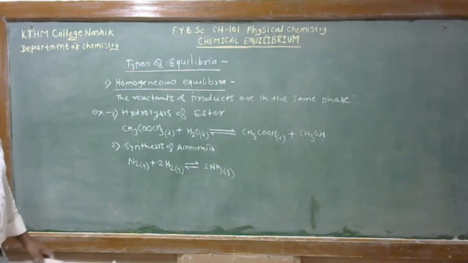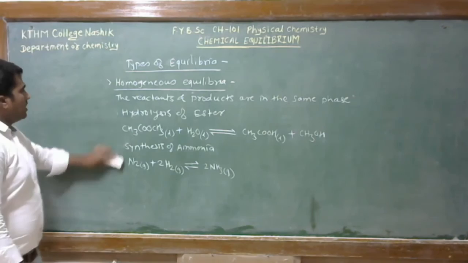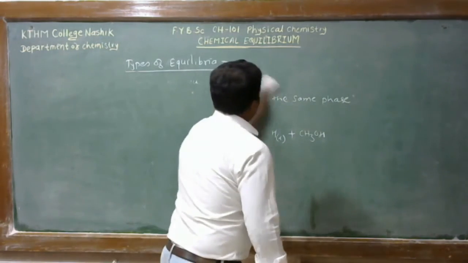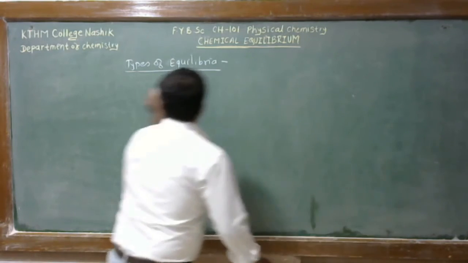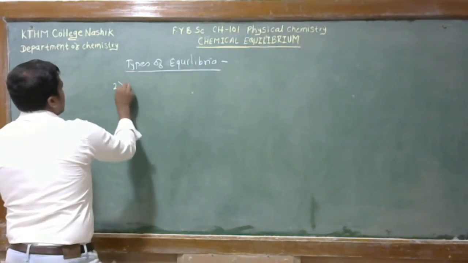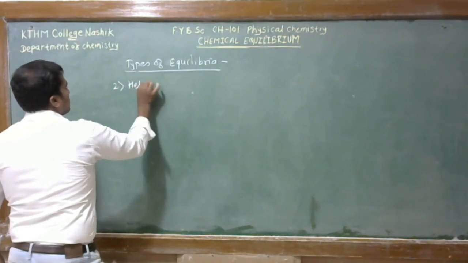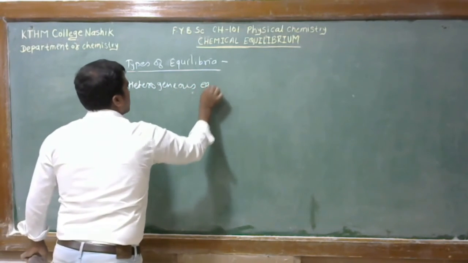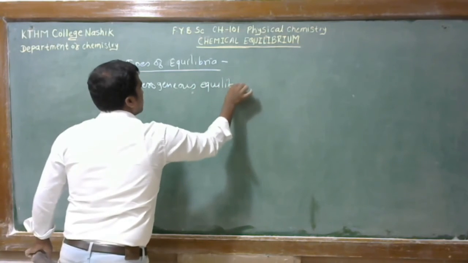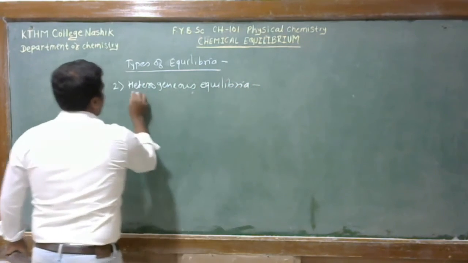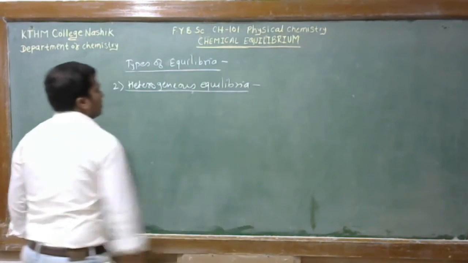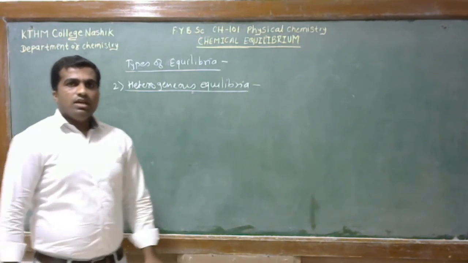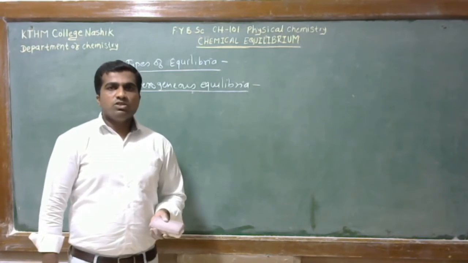So next type is heterogeneous equilibria. So what is meant by heterogeneous equilibria? This is exactly the reverse of the homogeneous equilibria.